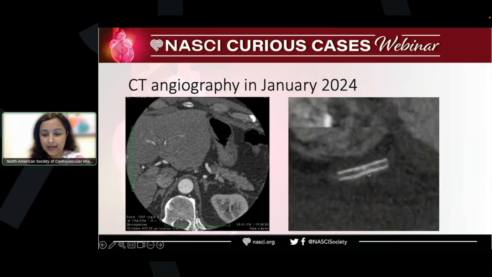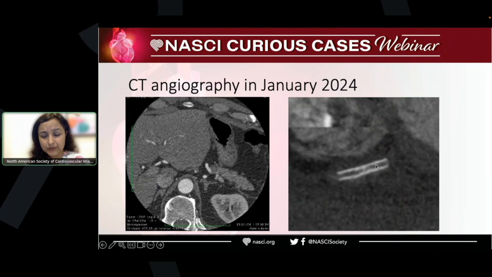And regarding the stent, if you can appreciate, now this intraluminal hypodensity has increased. The whole stent was appearing obstructed. The distal vessel was not very well seen in this current CT angiogram, done around 6 months after the first CT angiogram.